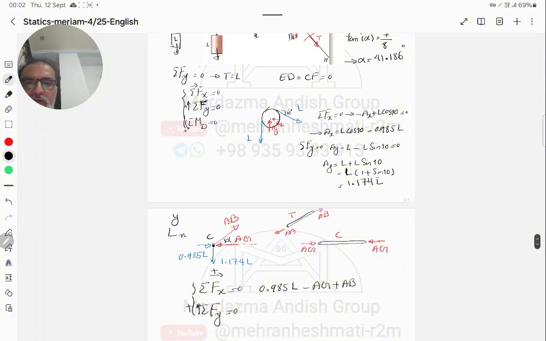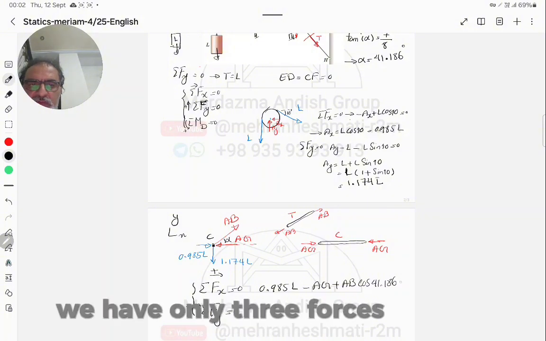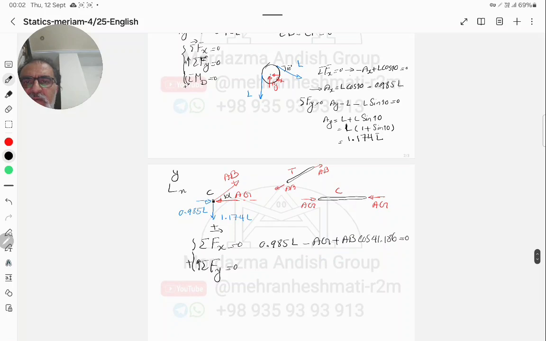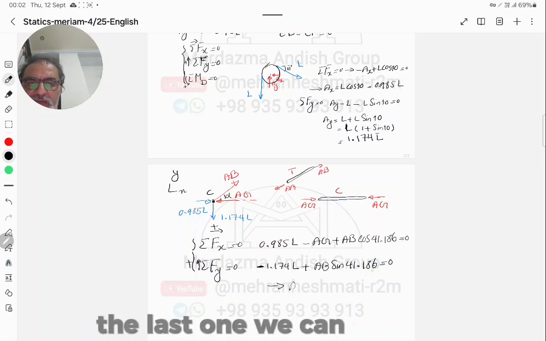AB, this is alpha, cosine of. In x direction we have only 3 forces is equal to 0, and the summation of F of y minus 1.0 plus AB sine of alpha. The last one we can find AB.